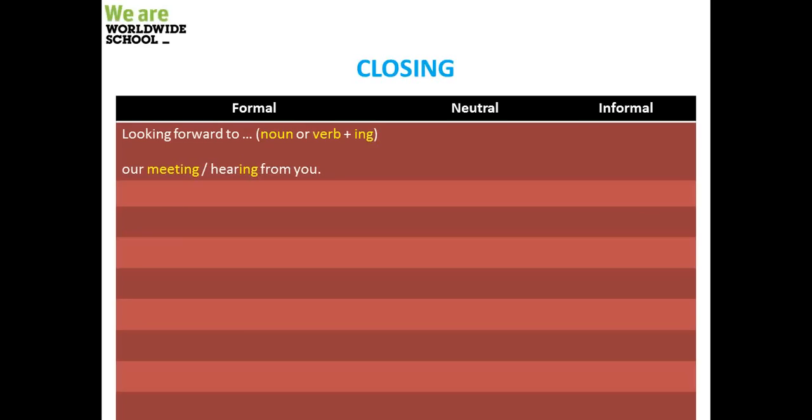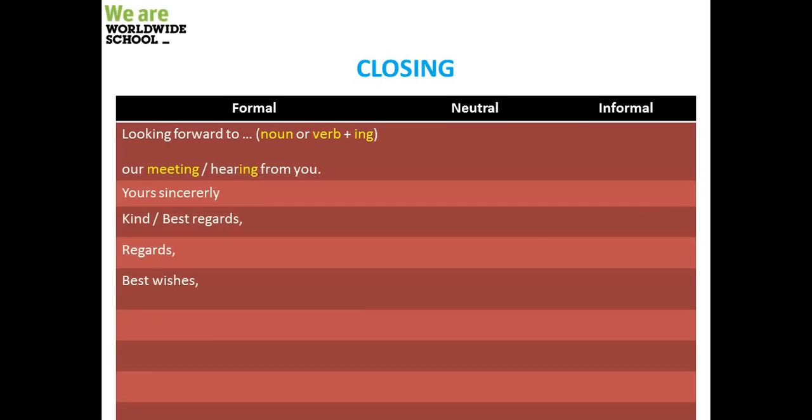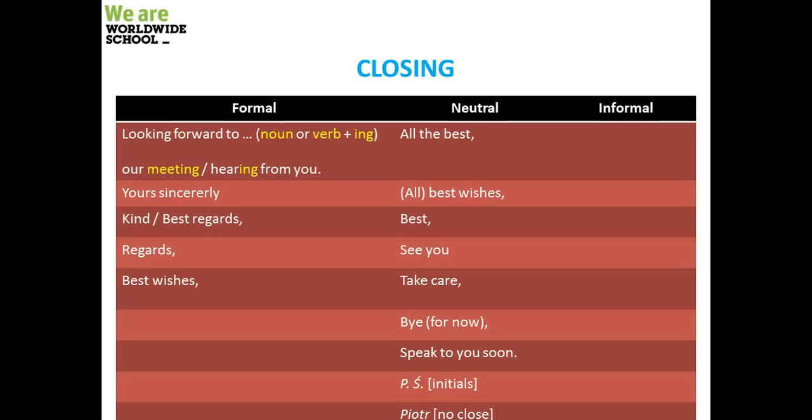Now, this is something important for us to remember, because this phrase works very nicely with nouns, like "looking forward to our meeting next week," right? But it also works nicely with verbs, but these verbs have to be linked with -ing endings, right? So it's "looking forward to hearing from you." Please remember that.